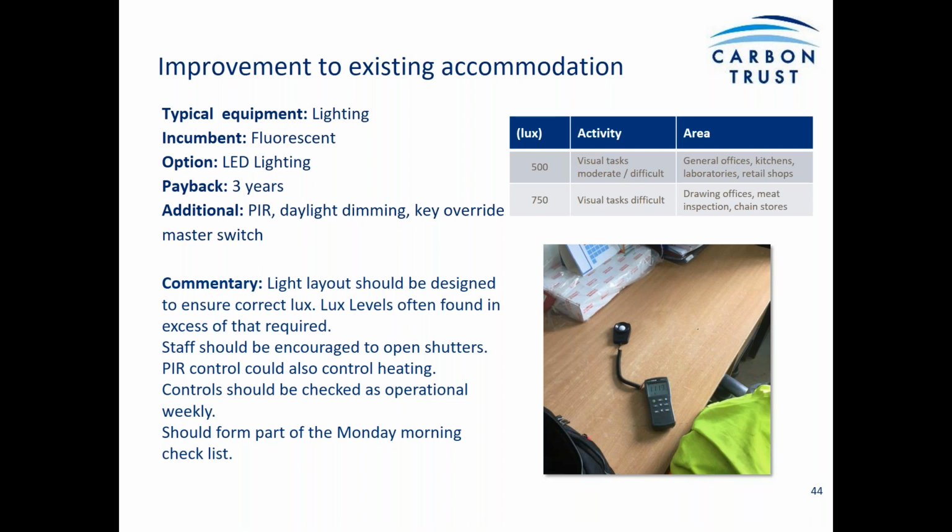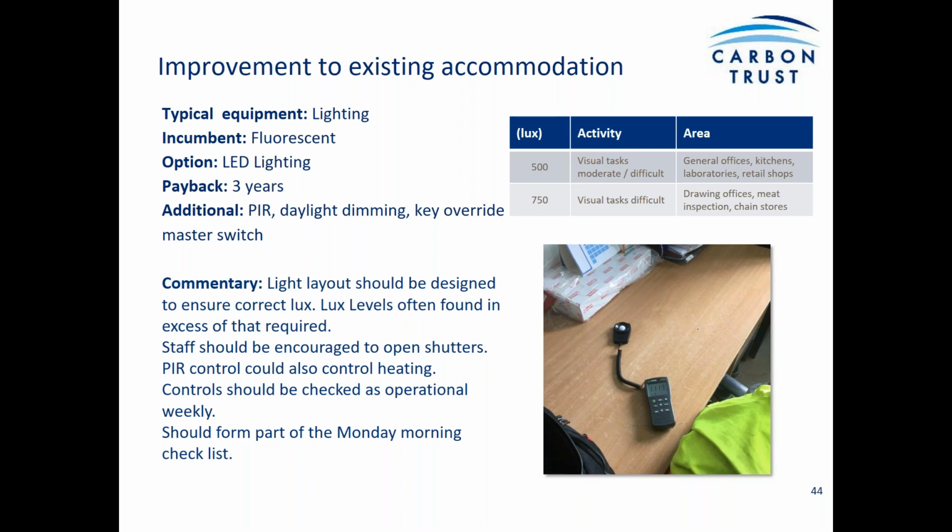Also, in terms of the amount of natural daylight that comes in from the windows, the incorporation of some daylight dimming would help to reduce that as well. Regardless, all lighting controls should be checked on a regular basis to ensure that they continue to operate.